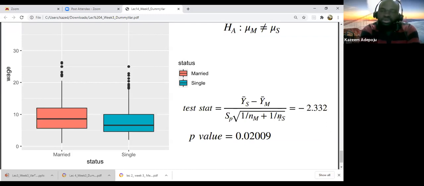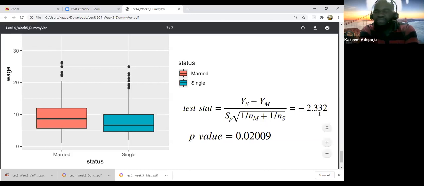Based on the data we have, we can compute this. When we do that, we have a t value of this, and the p value associated with that is 0.02009. Let's compare it with the p-value that we have in the regression.